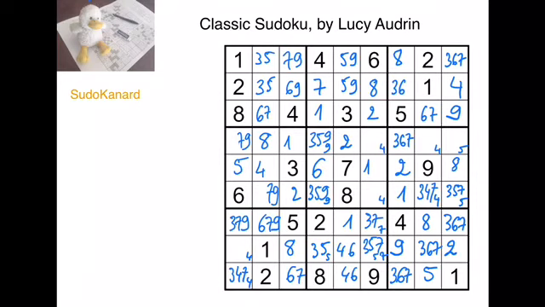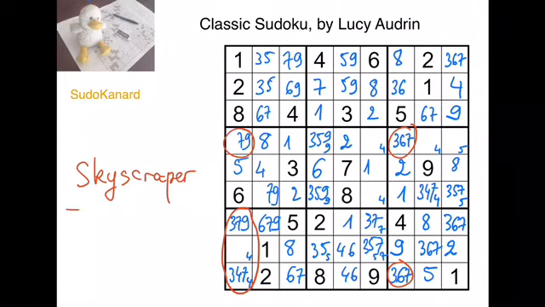Let's have a look at those cells and those cells. And we have what is called a skyscraper, or some people also call this a finned X-wing.